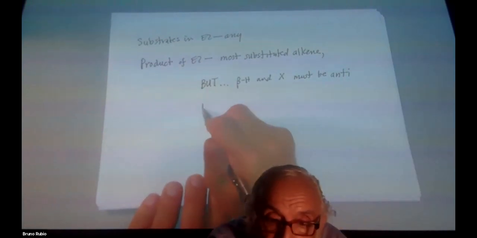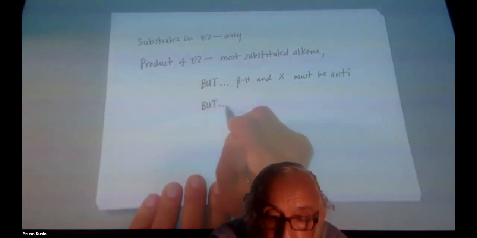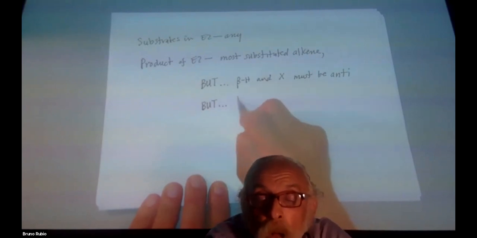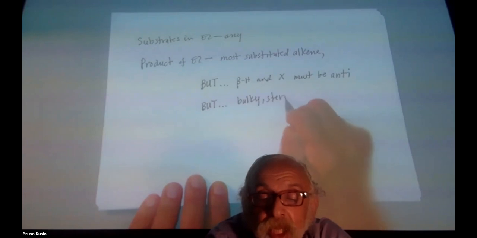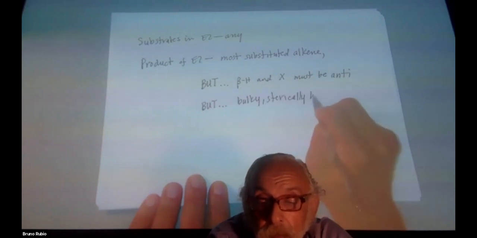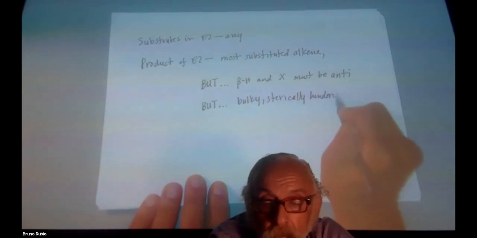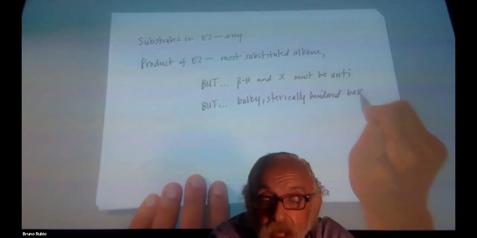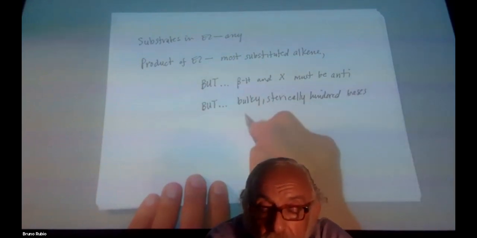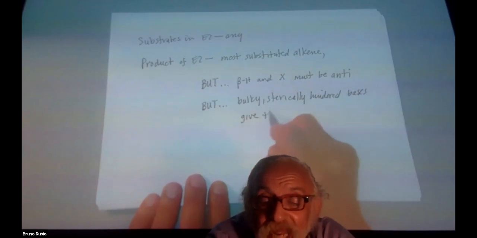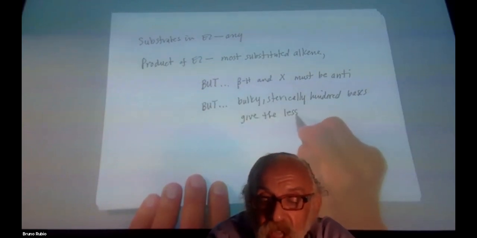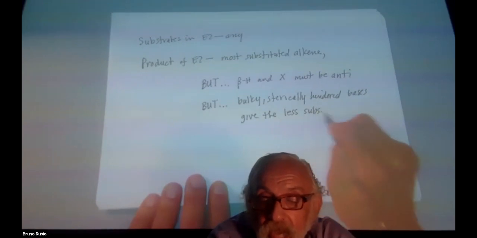And there's another but, which is that bulky, sterically hindered bases give the less substituted alkene.